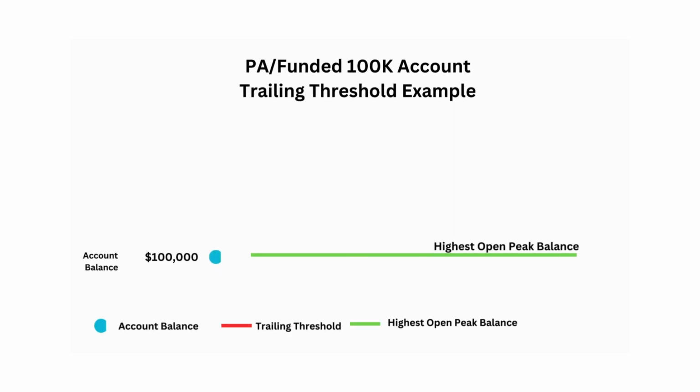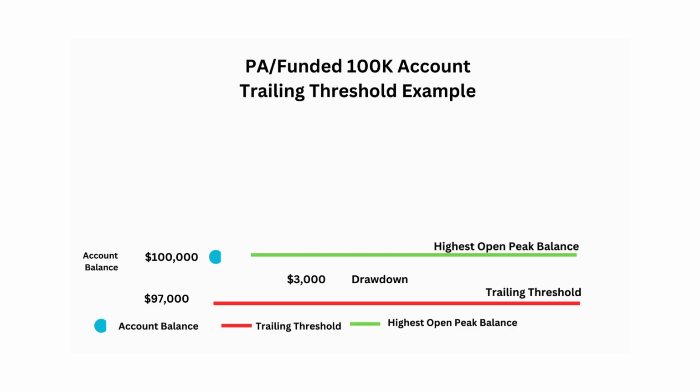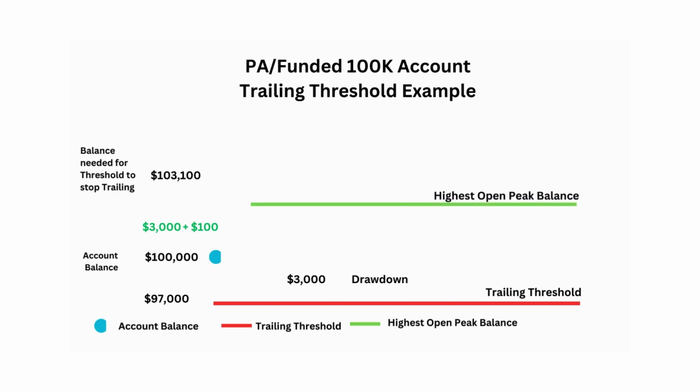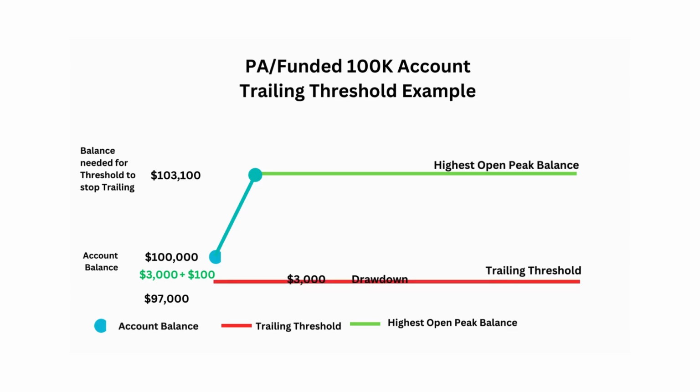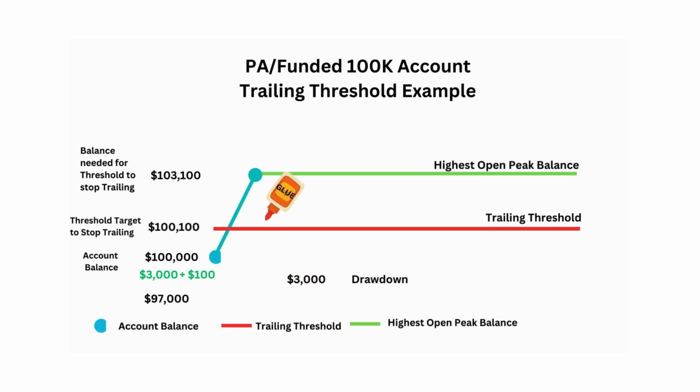The max drawdown for a 100K account is $3,000, which starts the trailing threshold at $97,000. Once your peak balance increases by the max drawdown amount of $3,000 plus $100, which would put it at $103,100, the threshold will also rise by $3,100, capping out at $100,100 and not trailing up any further.